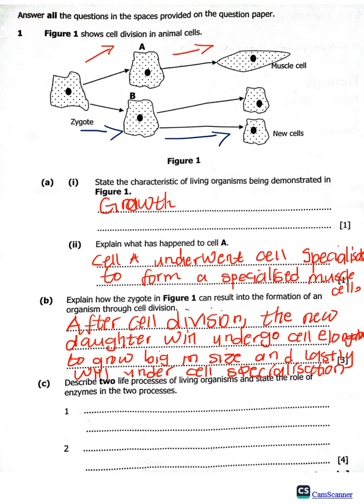So now we have question C. Describe two life processes of living organisms and state the role of enzymes in the process. So the two most important life processes that we have in biology that describe life. The first one is anabolism.